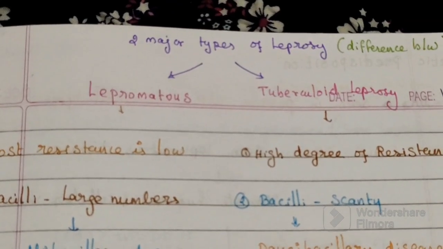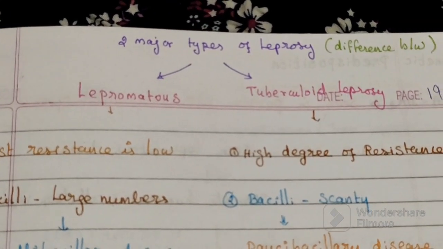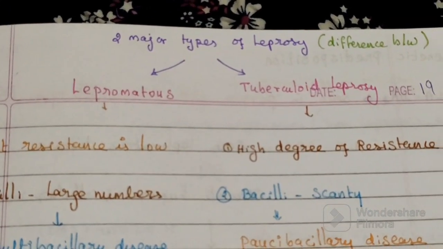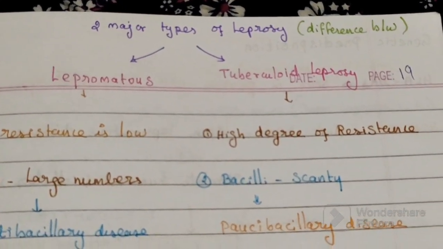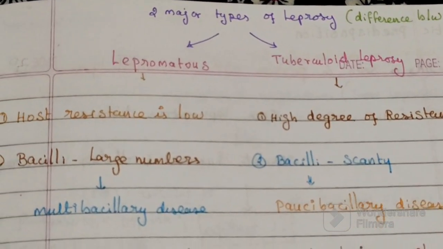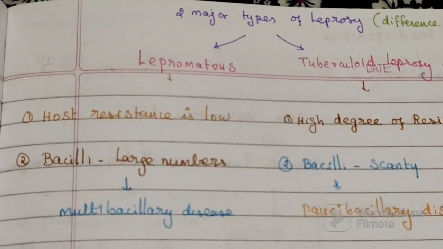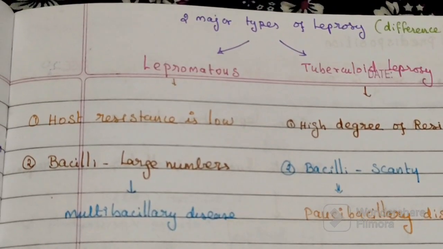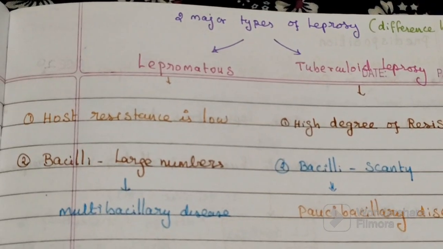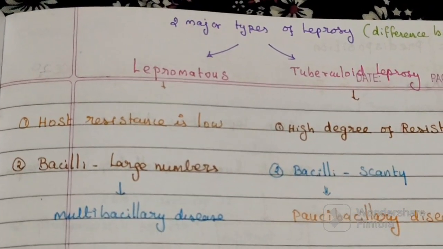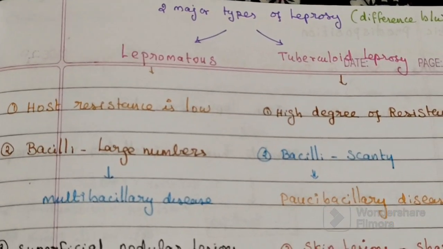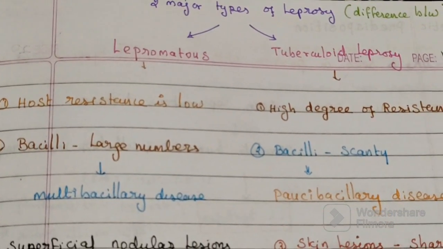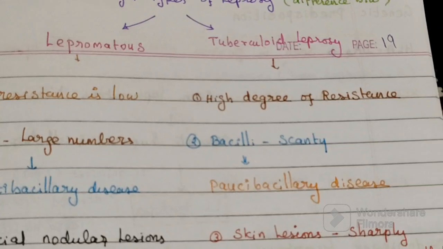Next, let's discuss the two major types of leprosy and the differences between lepromatous and tuberculoid leprosy. In lepromatous leprosy, the host resistance is low. The bacilli are found in large numbers, so it is referred to as multibacillary disease.